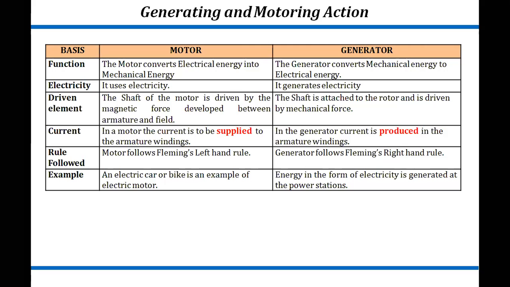So we can take an electrical car as an example for the DC motor. For the DC generator, an example is the energy which is produced in a power station.